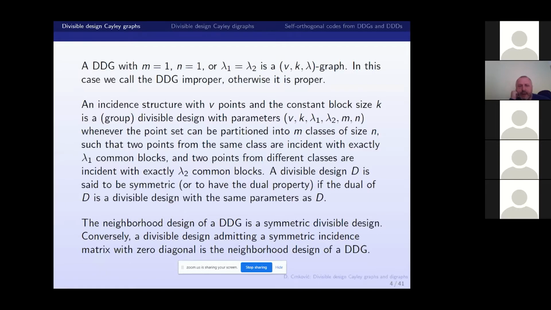Conversely, a divisible design admitting a symmetric incidence matrix with zero diagonal is the neighborhood design of a DDG. So this is a structure introduced 10 years ago by Haemers, Kharaghani and Willem's student.